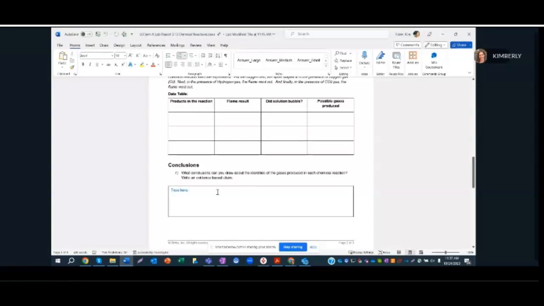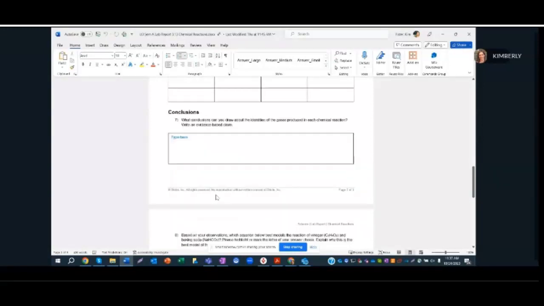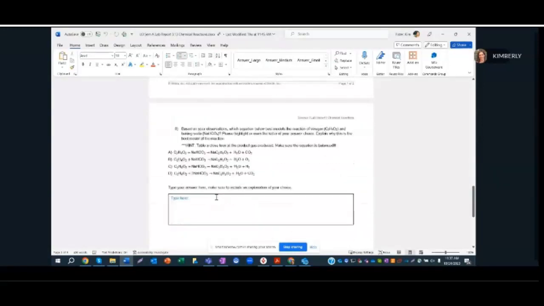You'll want to list those out. That's number 7. And then when you get to number 8, again, these are the chemical formulas of the actual products that we used in the experiment. So vinegar and baking soda mixed together, what did it produce?